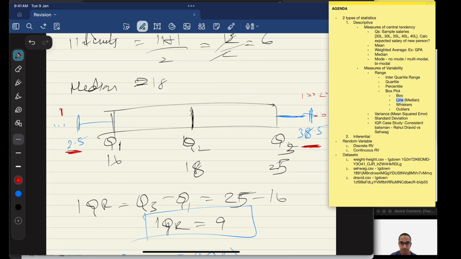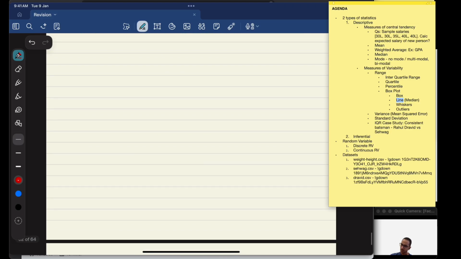That's how a box plot is constructed. I think we covered everything here.